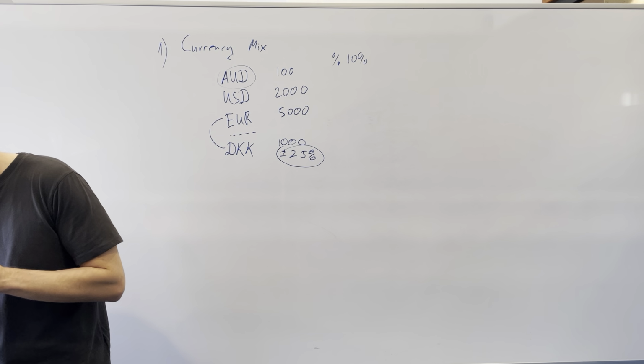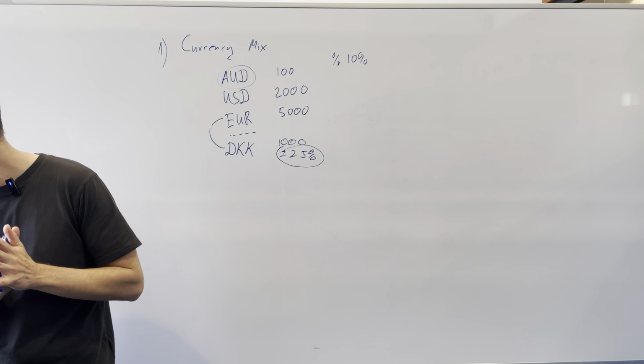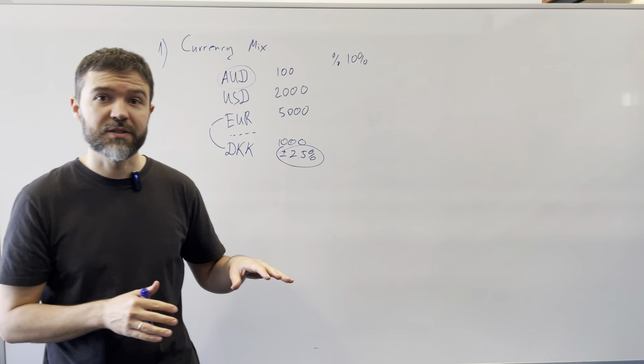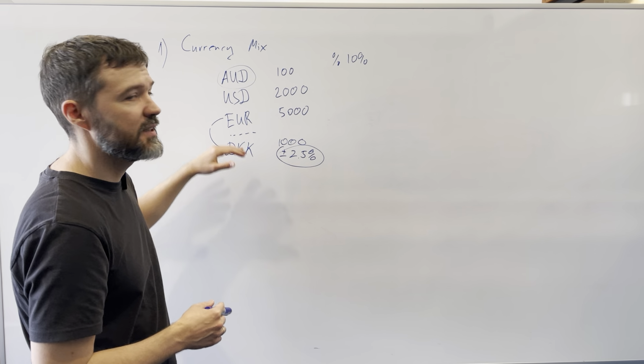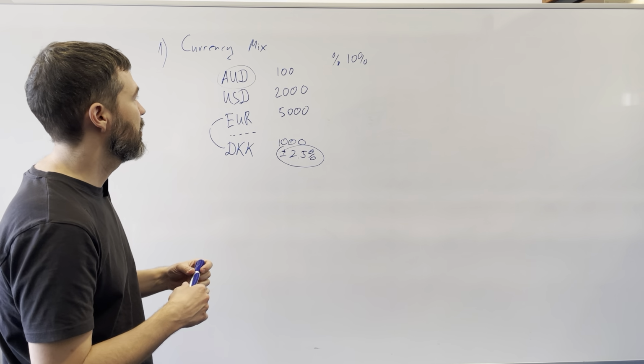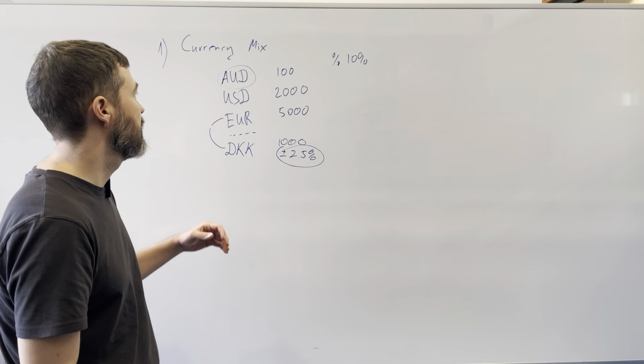Another question I'm asking, and I keep forgetting about it. There is a lot of geopolitics. But it's not only about geopolitics, it's about historical fluctuations and the relationship between currencies.